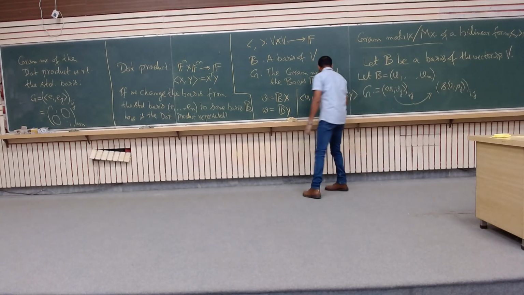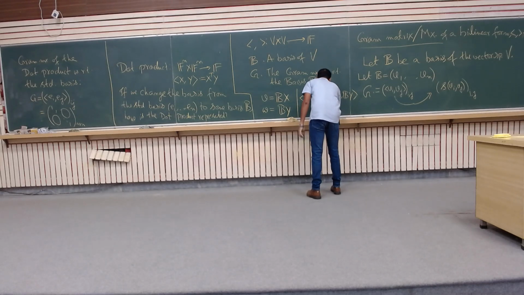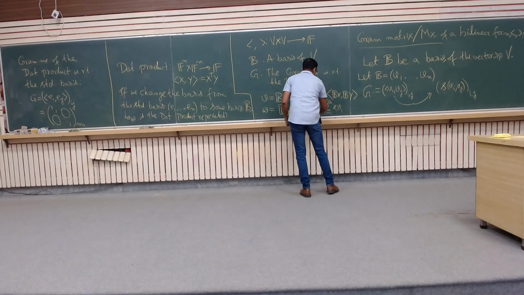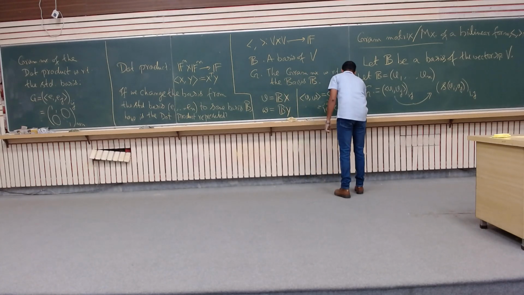Bx just means summation of xi vi, i running from 1 to n, and summation again, j running from 1 to n, yj vj.